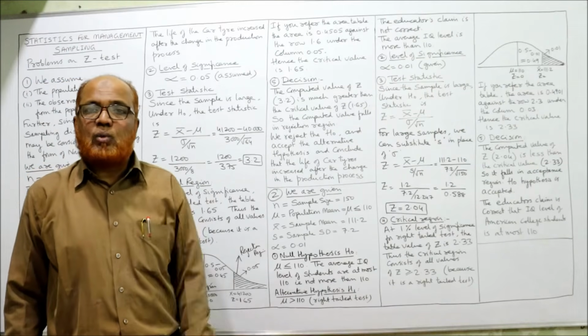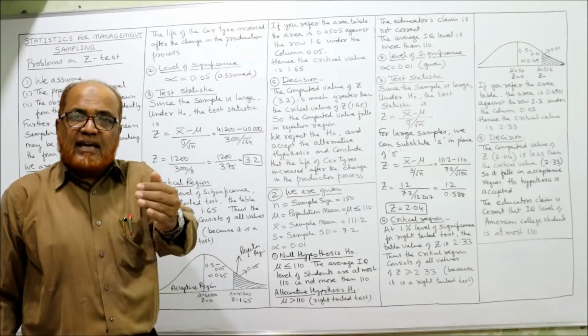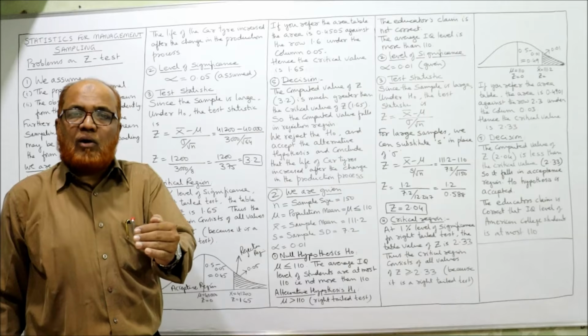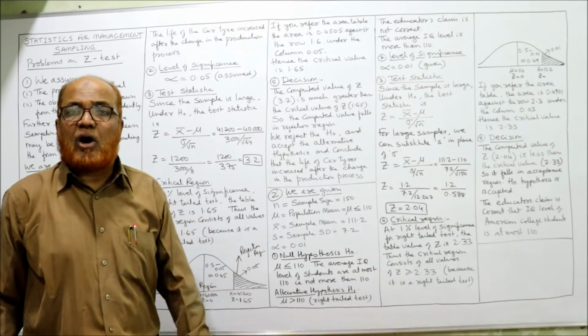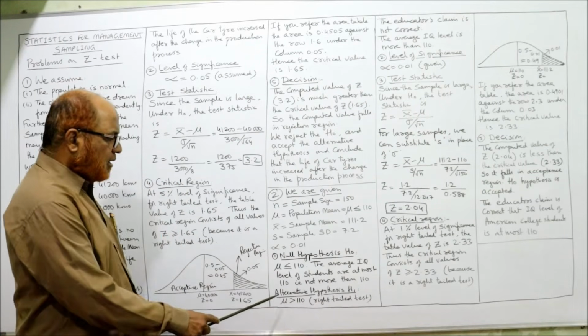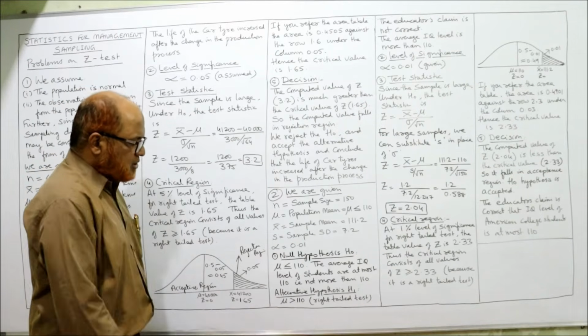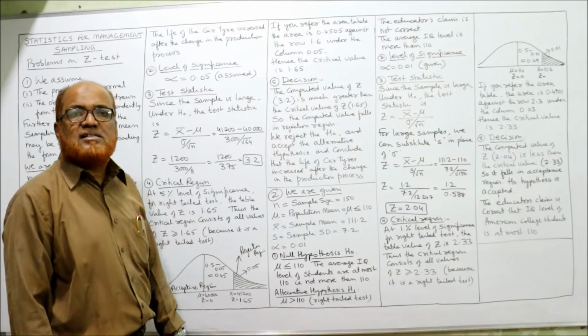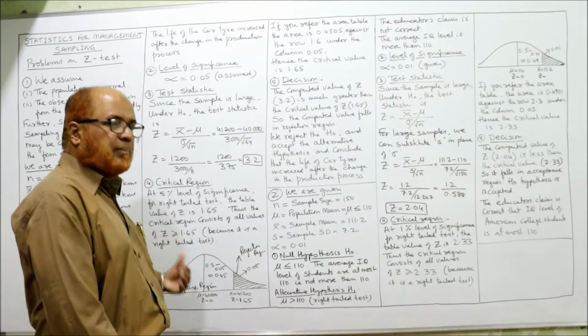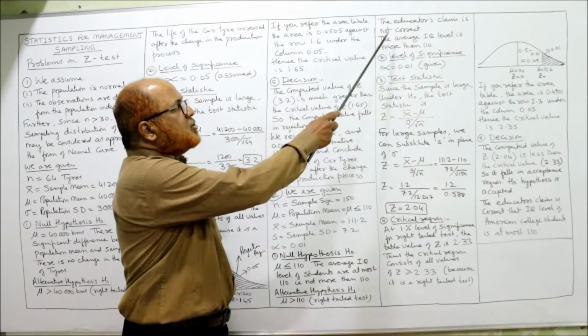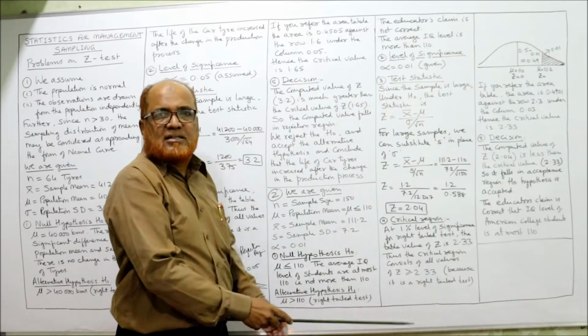Alternative is the opposite. When the null says less than or equal to 110, the alternative means it is more than 110. Opposite. So here mu is greater than 110. Because the greater than sign is there, it is called a right tail test. I told you in the previous one. In the alternative hypothesis, we are saying the educator's claim is not correct.